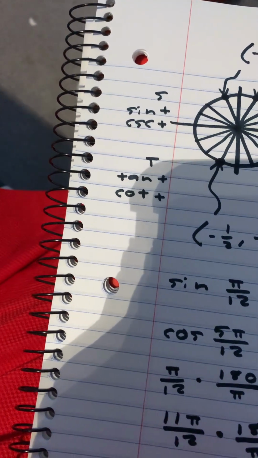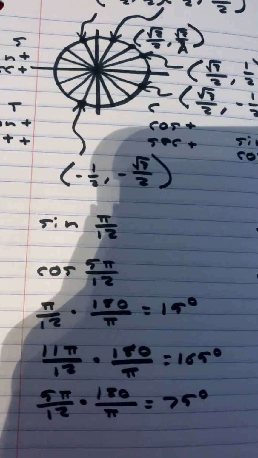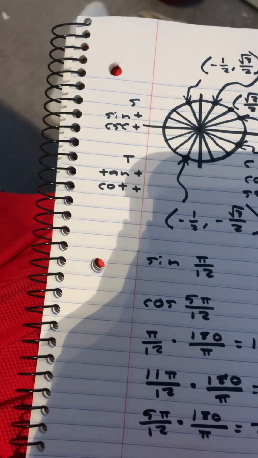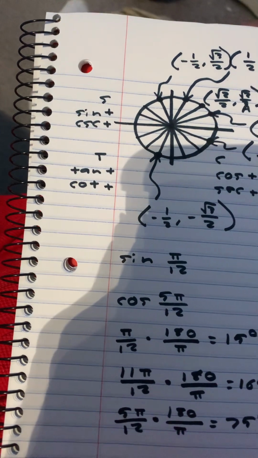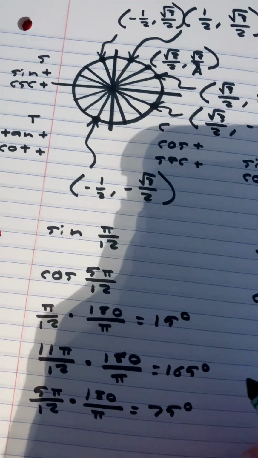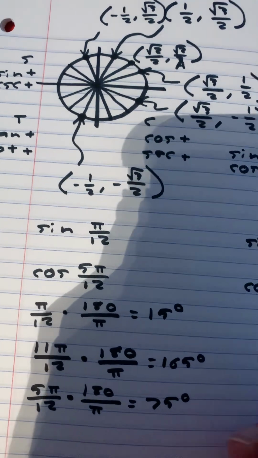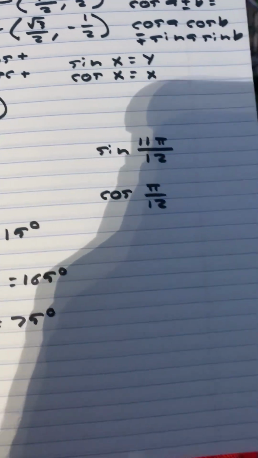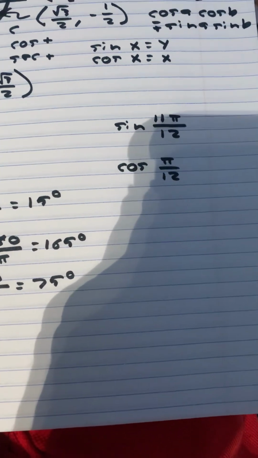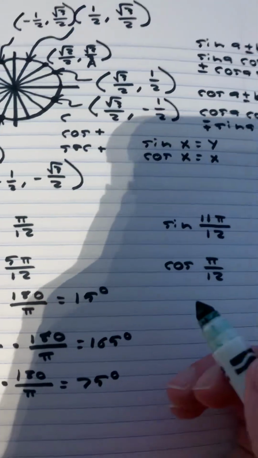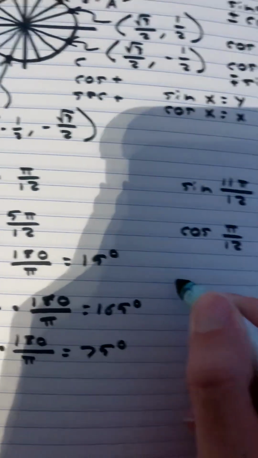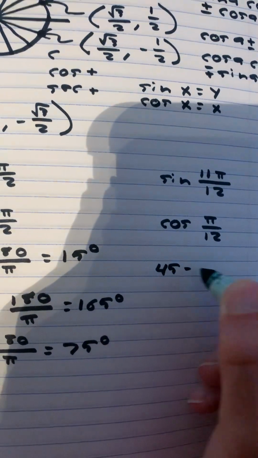So, how I could approach this is by using these trig identities up here. So finding the sine of pi over 12, I could make that 45 minus 30 in degrees, of course, which is 15. So this really in degrees is 45 minus 30.